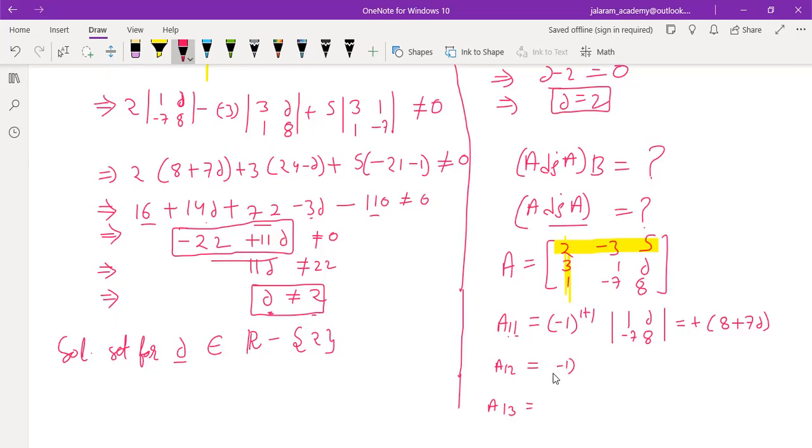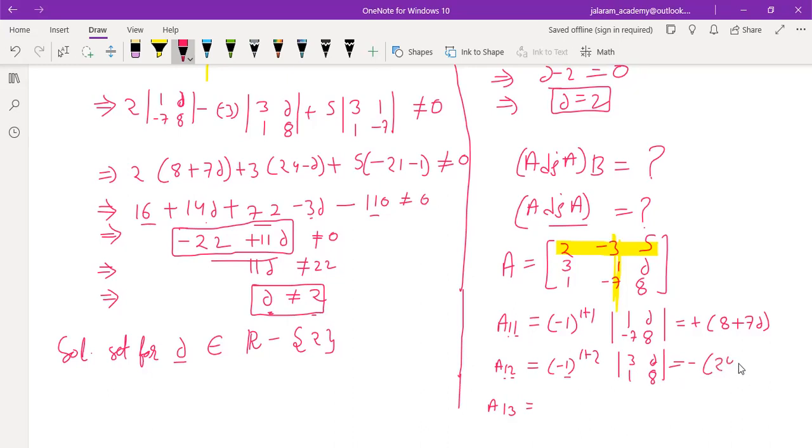For the second cofactor A12, we write minus 1 to the power 1 plus 2, and then the determinant obtained by deleting the first row and second column of matrix A. So we get 3, delta as the first row and 1, 8 as the second row, and its product will be 3 times 8 minus delta, with minus 1 to the power 3 meaning a minus sign.